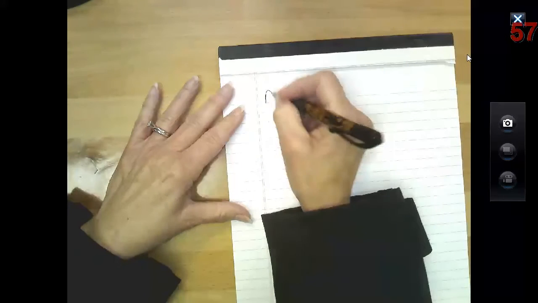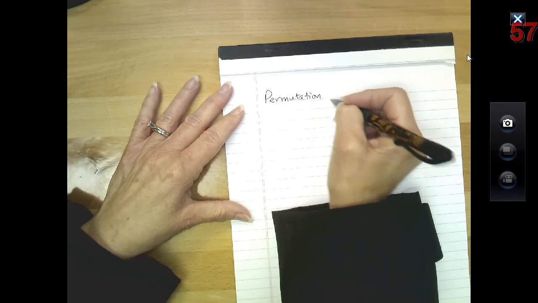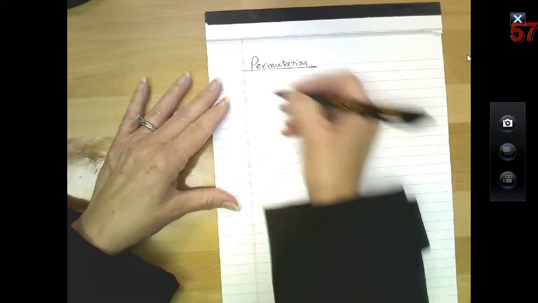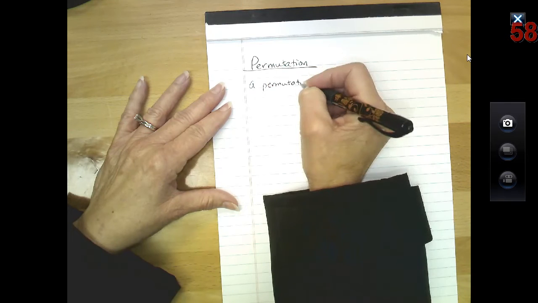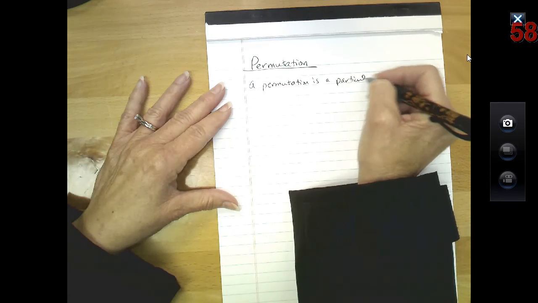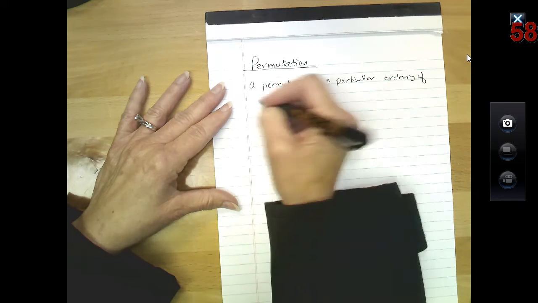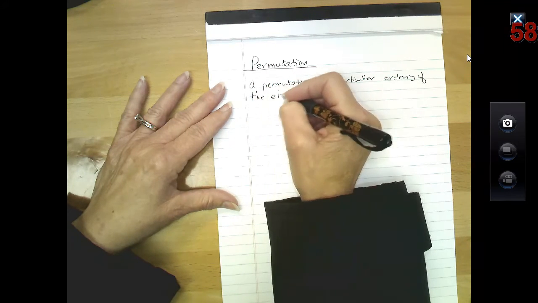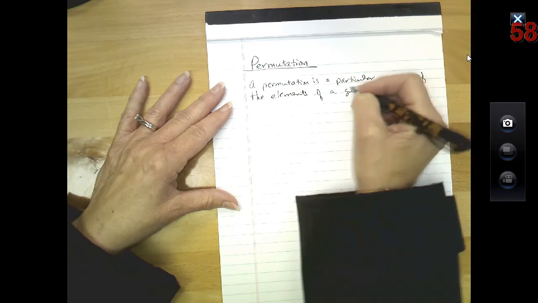Now, the next thing, and this is last, is permutation. A permutation is a particular ordering of the elements of a given set.